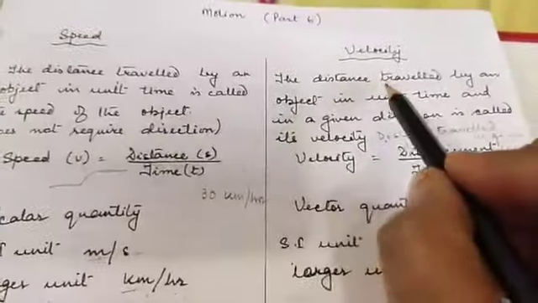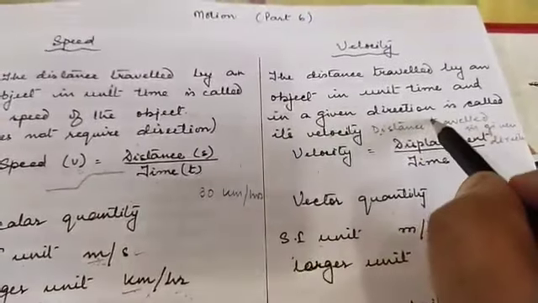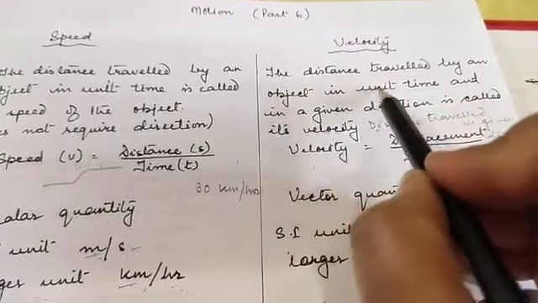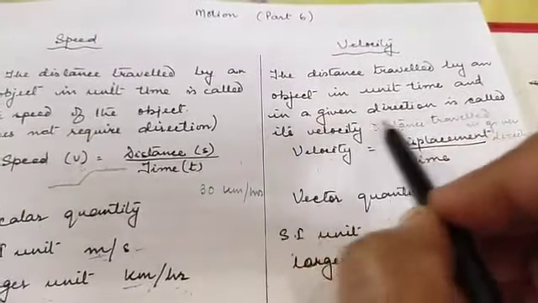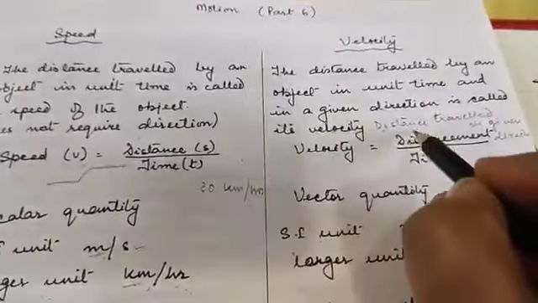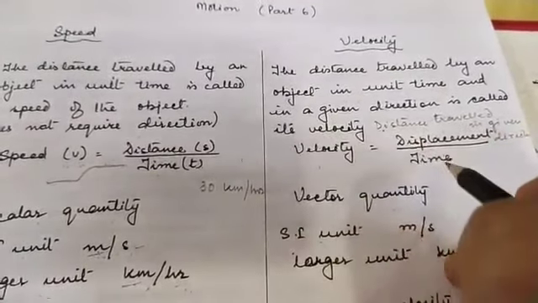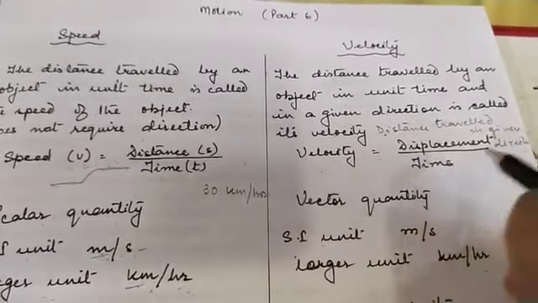Then what is velocity? Similar to speed, but here we need a specific direction. Velocity is the distance traveled by an object in unit time and in a given direction. So velocity is equal to distance traveled in a given direction divided by time.